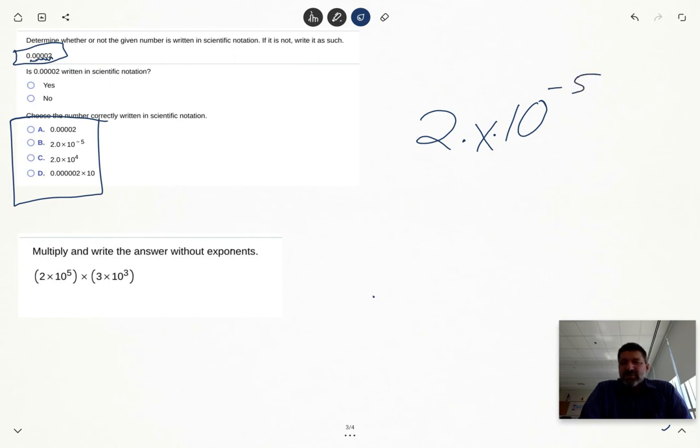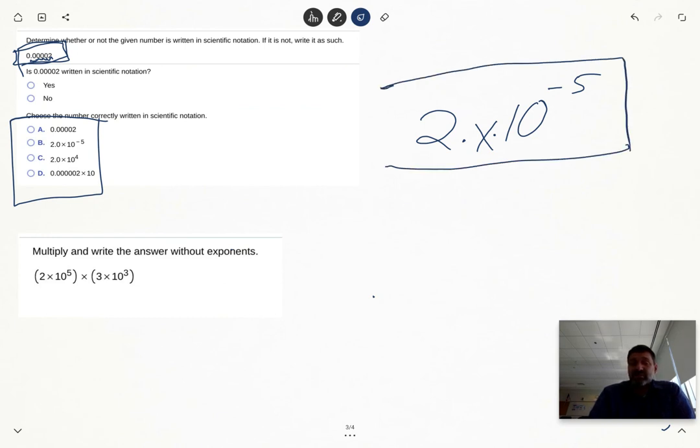In other words, if I were to multiply 2 by 10, dividing by 10 5 times would move our decimal point to the left to get it back where we started from. Numbers less than 1 are going to have negative exponents in scientific notation. So 2 times 10 to the negative 5, and that would give us B as our solution here.